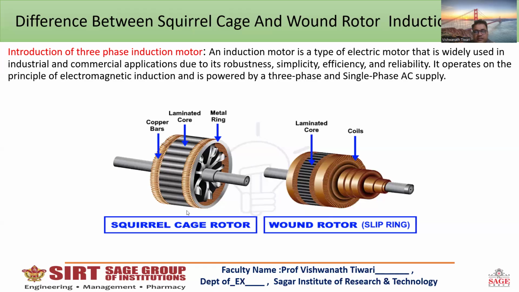This figure is also known as the squirrel cage induction motor, and this figure is the wound rotor induction motor, also known as the slip ring induction motor.